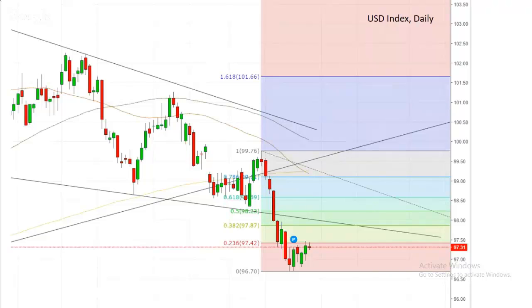In the longer term, despite the fact that the US dollar has potential for correction to the upside, it should be difficult for the American currency to return to a bullish trend.